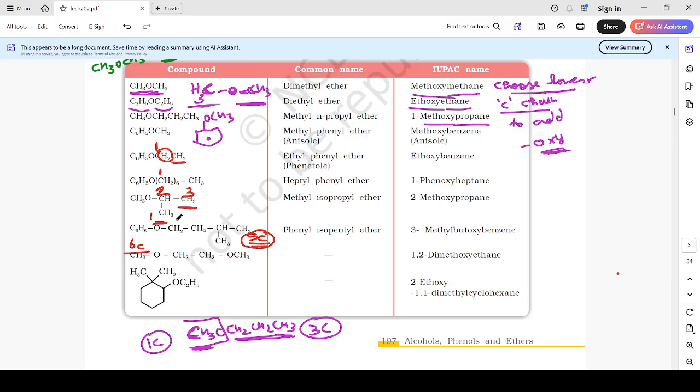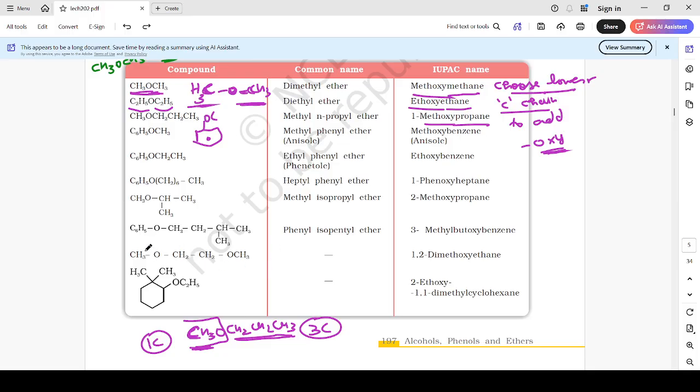So 1, 2, 3, 4, 3 methyl butoxy benzene. Are you understanding? Yes, ma'am.